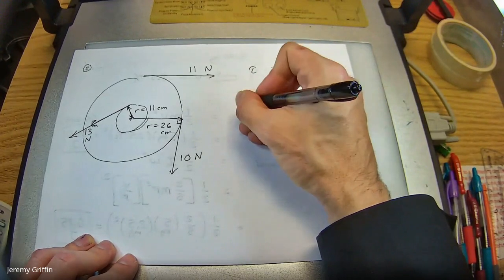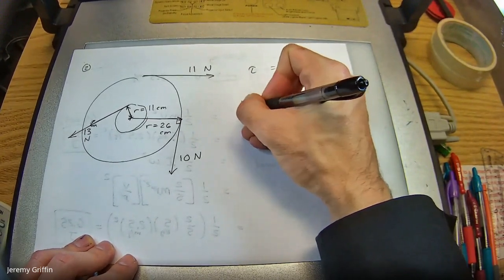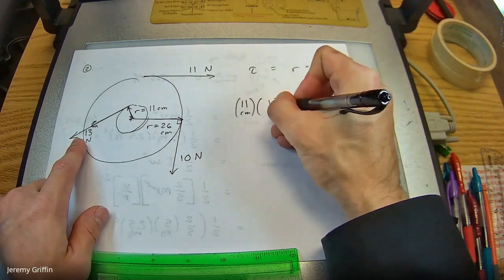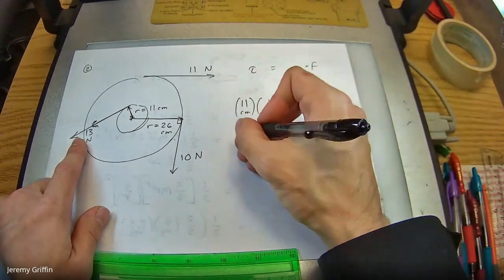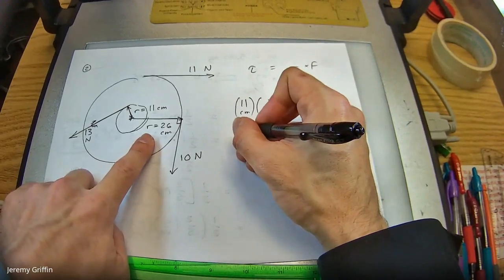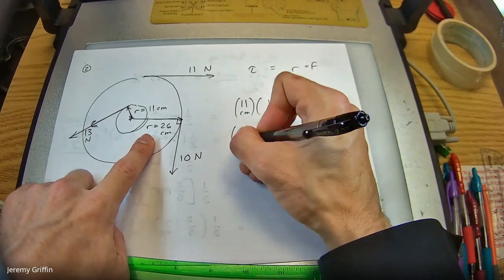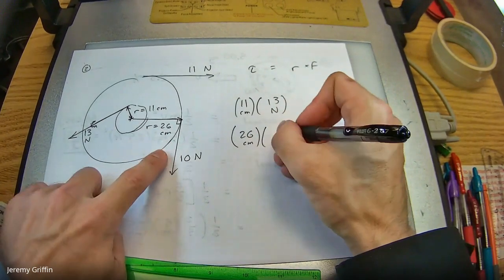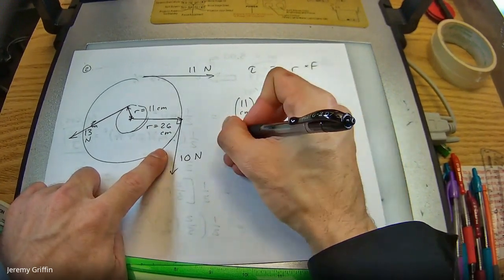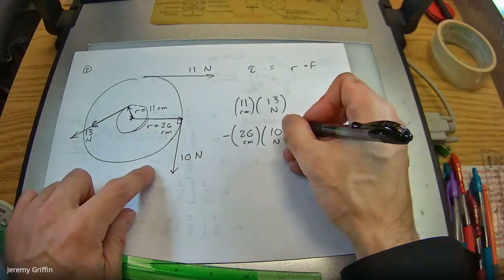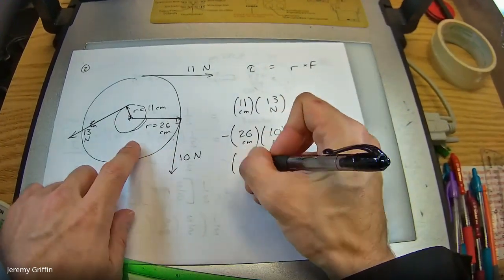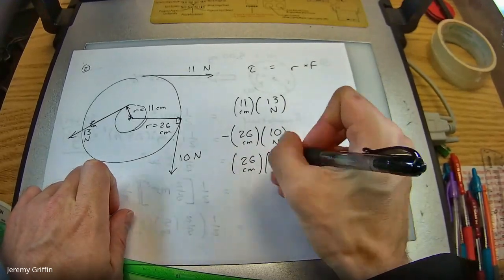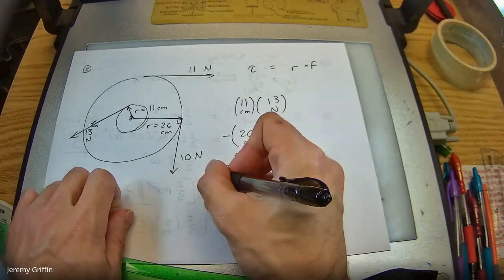So R cross F: we've got 11 centimeters with the force of 13 newtons, so many newton centimeters. The next one would be 26 centimeters and 10 newtons, and that's going to be negative because it's going clockwise. And the third one is also at 26 centimeters, with an 11 newton force, negative because clockwise. Add those 3 up.